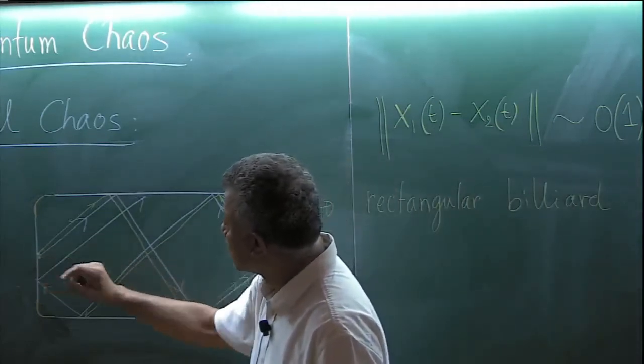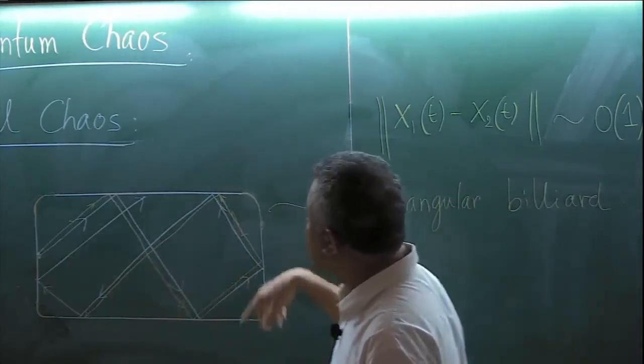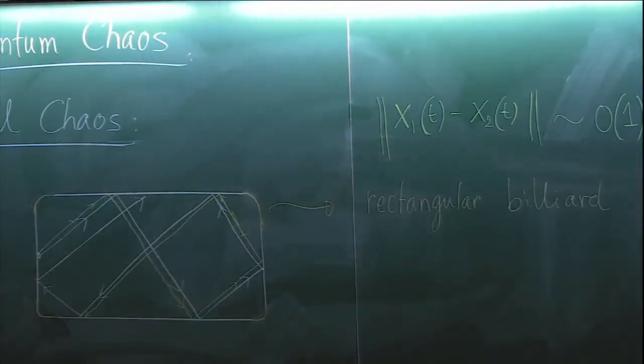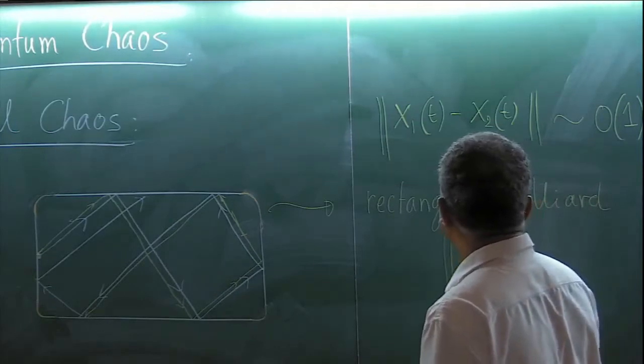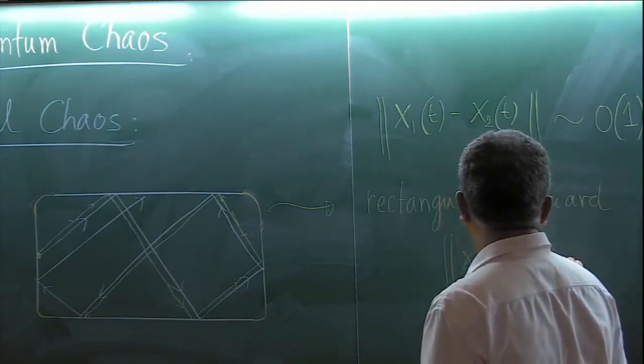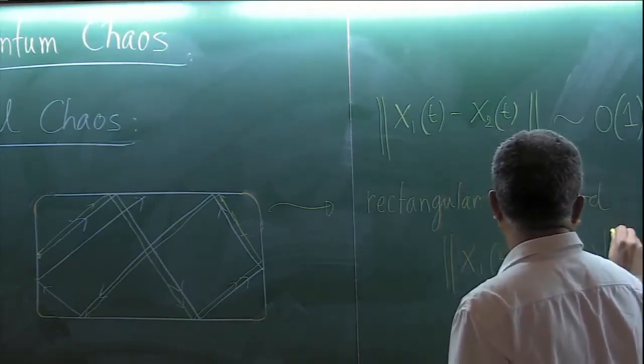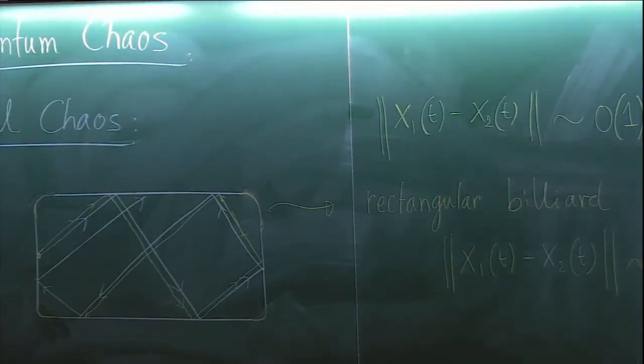But now you will see, after many reflections, after a long time t, that their difference no longer stays bounded, but increases exponentially with time, with some exponent, let's call it lambda. Lambda is usually called the Lyapunov exponent.